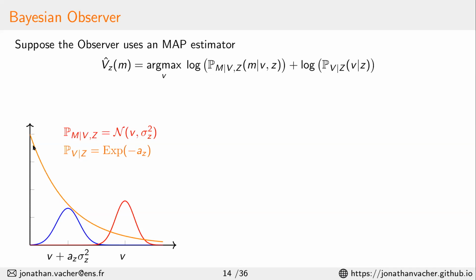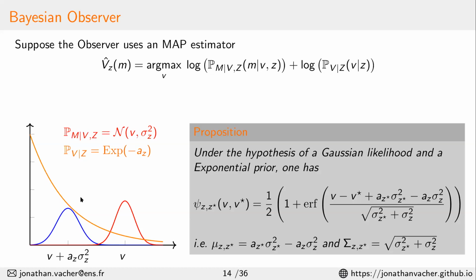So when the prior is high, your likelihood is shifted towards slower speed here. And so when we combine and you compare two estimates like this, you can find this psychometric function where the parameters depend on the variability of your estimate of the stimuli and the slope of the log prior here.